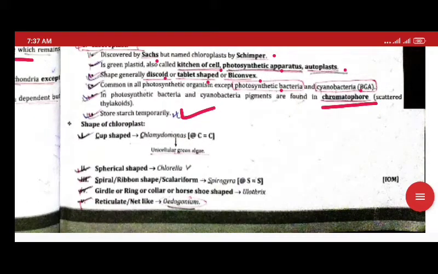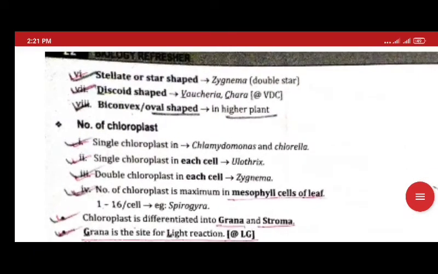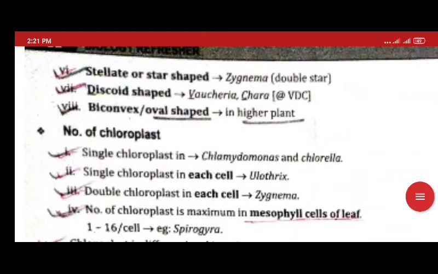Now the shape of chloroplast. Cup shape in Chlamydomonas, spherical shape in Chlorella, spiral ribbon-shaped in Spirogyra, girdle or ring shape in Ulothrix, and reticulate, net-like shape in Oedogonium. Continuing with chloroplast in the plastid types we are discussing, stellate or star-shaped chloroplast is found in Zygnema, like a double star, like a starfish.